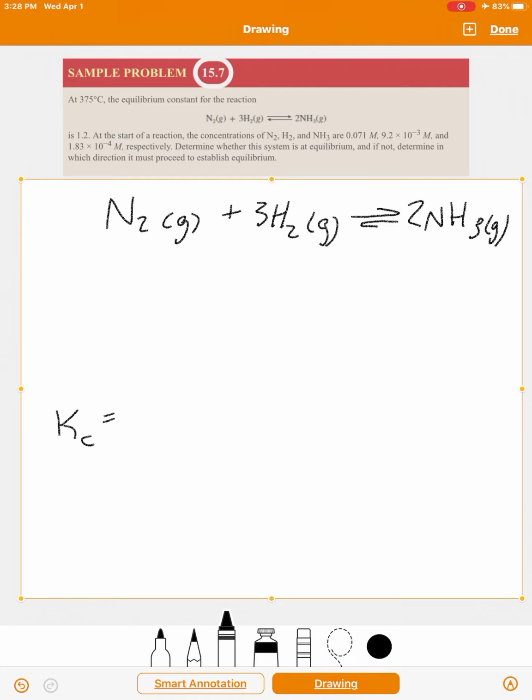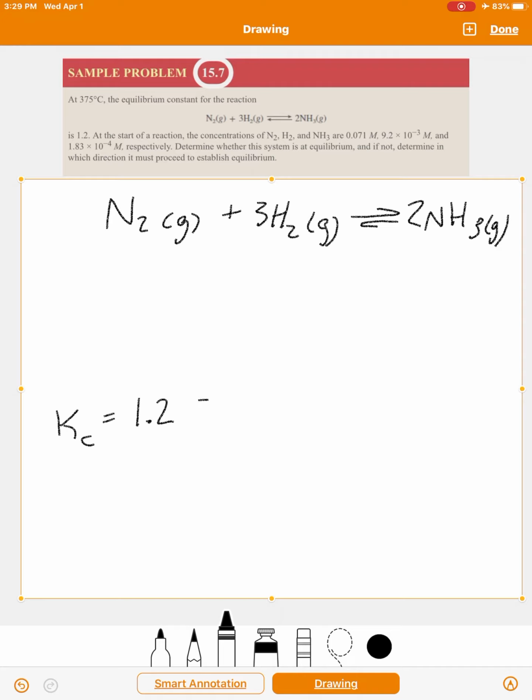The way they often word these problems in the textbook is that the number you need in one of the steps is usually right after the equation. They didn't just put Kc equals 1.2 to the right of the equation. It would have been nice if they did that. But it does say in there that Kc is equal to 1.2.